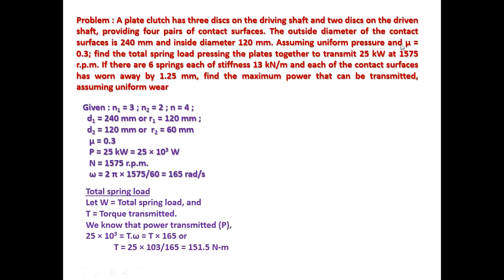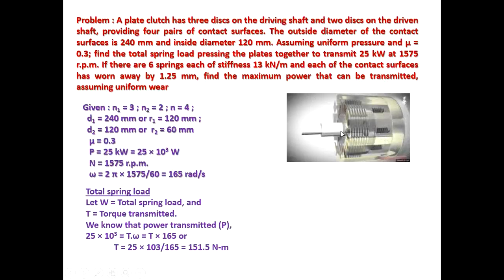Assuming uniform pressure and mu equal to 0.3, find the total spring load pressing the plates together to transmit 25 kilowatt at 1575 rpm. If there are 6 springs, each of stiffness 13 kN per meter, and each of the contact surfaces has worn away by 1.25 mm, find the maximum power that can be transmitted assuming uniform wear.